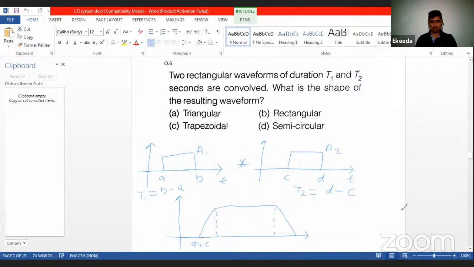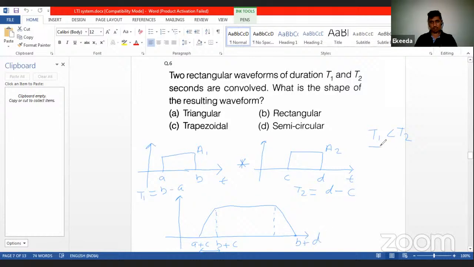And there is one assumption, that I am considering T1 is less than T2. So this will be equal to the smaller duration. If we add this duration B minus A, this point will be B plus C. Like this, the ending of the final convolution will be equal to the ending of these two, which is B plus D. Now again we have to subtract the smaller duration.